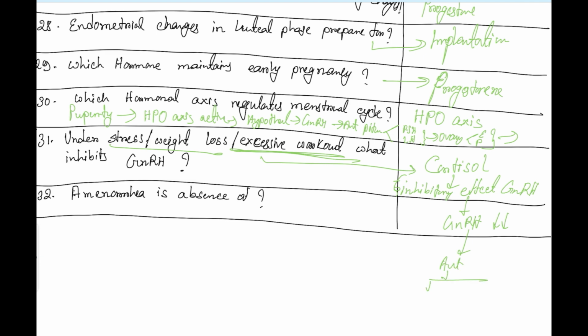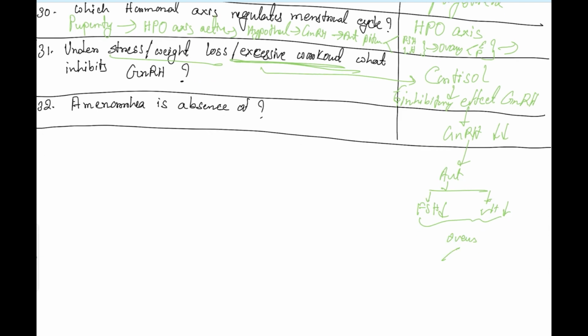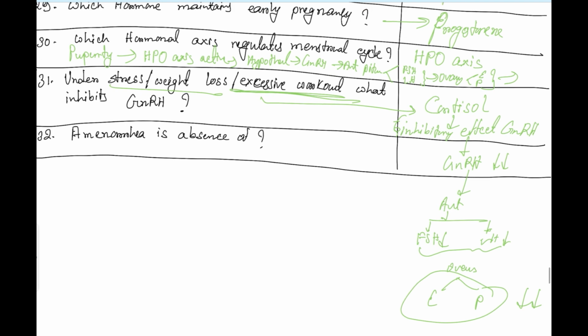Then from the anterior pituitary less FSH and LH will be released. As a result, the ovary will also release less estrogen and progesterone. As a result, in that particular month, the female will have a missed period. Amenorrhea means absence of menstruation, which we will cover in disorders of menstruation.